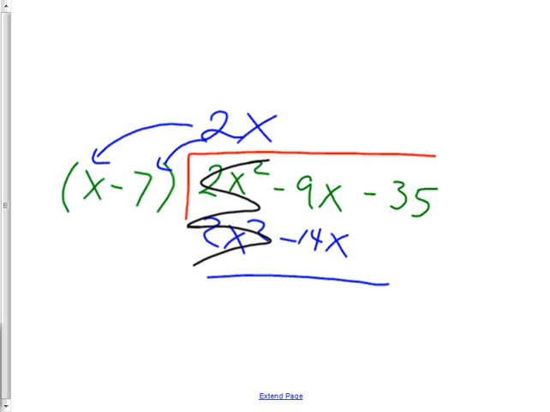Okay, that's gone. Excellent. You changed that sign. That's good. And then you get what? 5x. All right. And then what? Good.